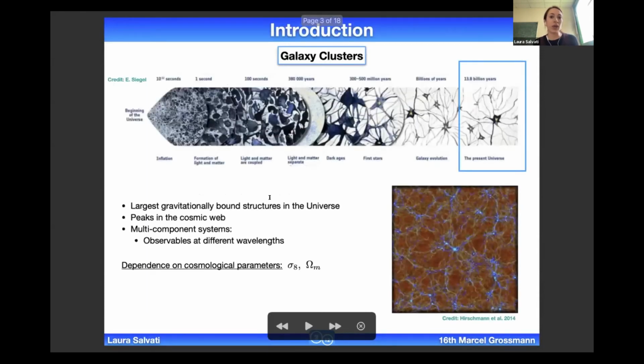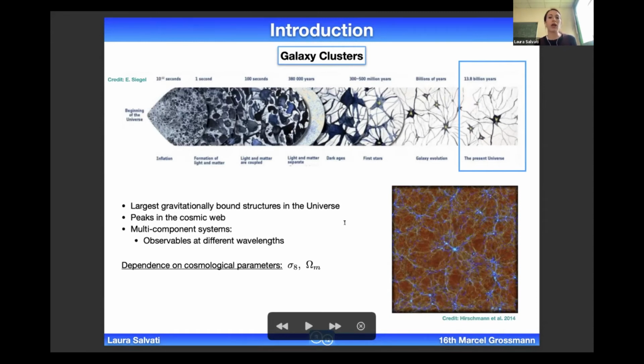We know that when we discuss galaxy clusters, we are dealing with the very latest part of the evolution of the universe. These objects are the largest gravitationally bound structures in the universe, and they represent the peaks in the cosmic web of the large-scale structure, as you can see from these blue points here.